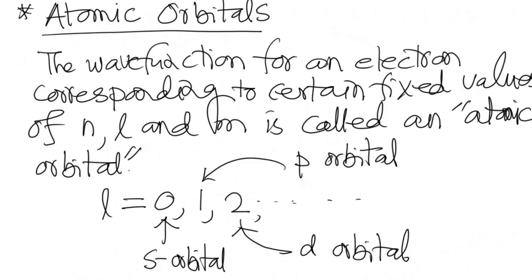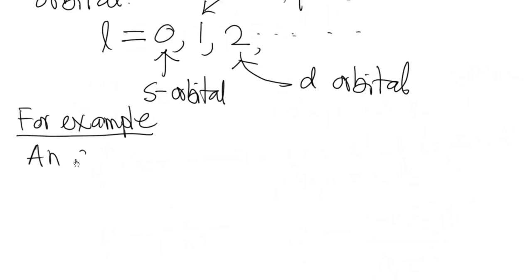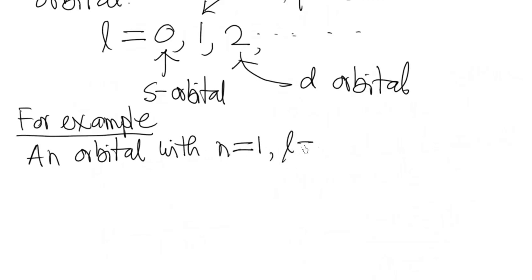For example, an orbital with n equal to 1 and L equal to 0 is called a 1s orbital.